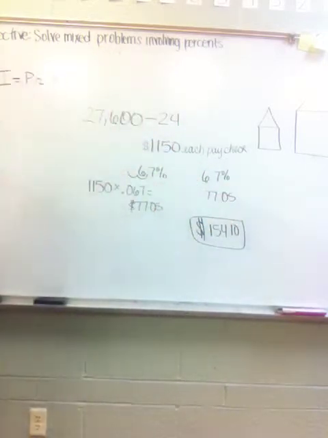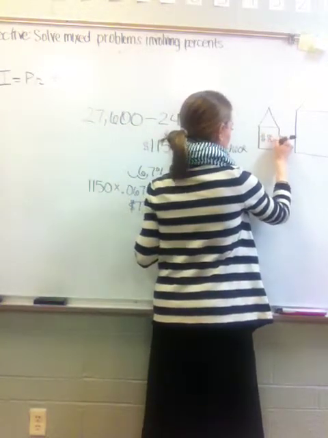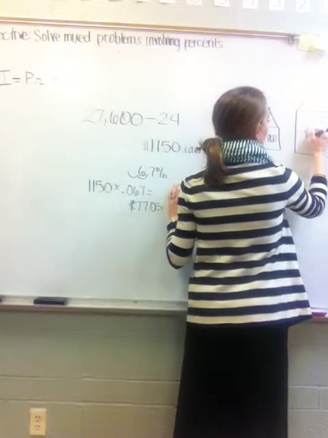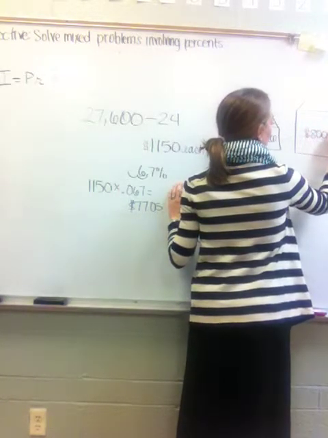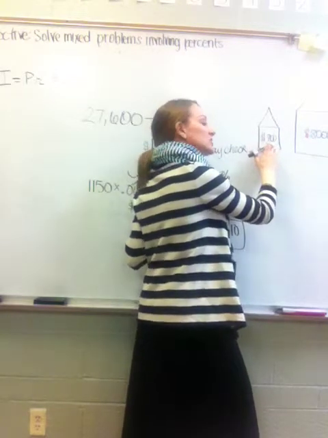So, in this situation, everybody pays $1.42 per $100. So, if this house is only worth $800, and this house is worth $8,000, you're going to get taxed on every $100.